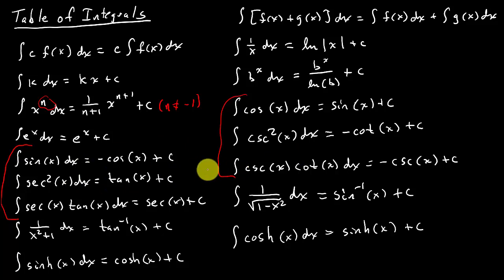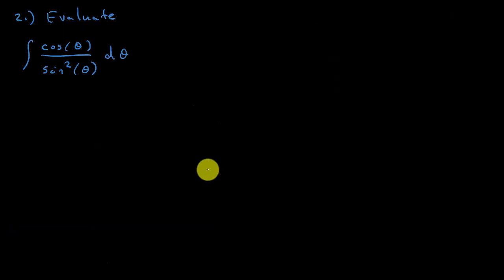All right, let's look at this. Well, I may need to rewrite this thing. We've got cosine in the numerator. We've got sine squared in the denominator.